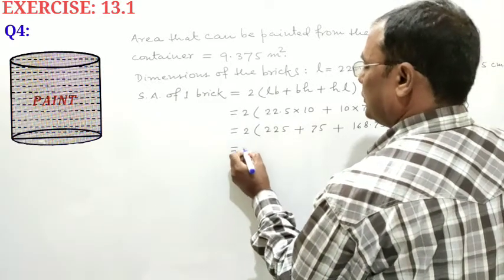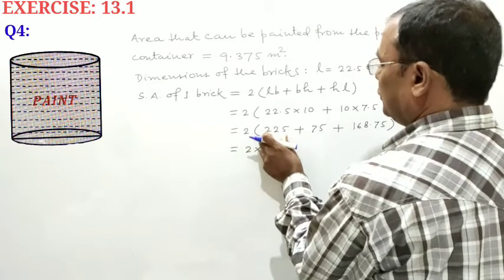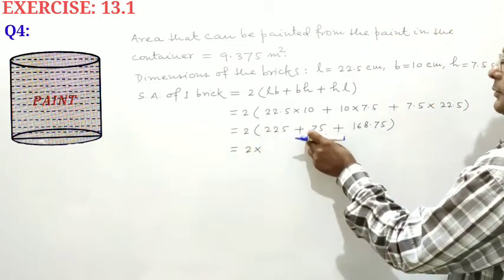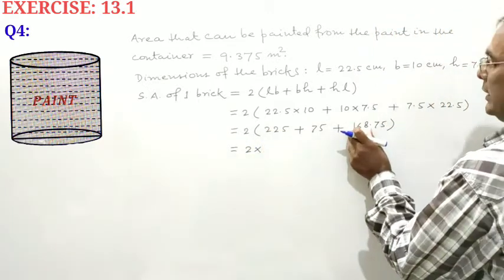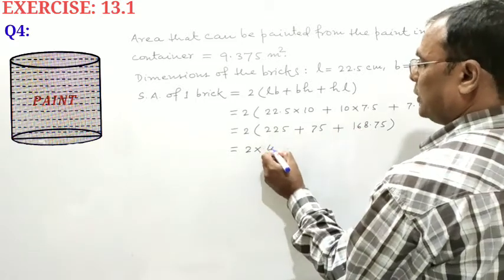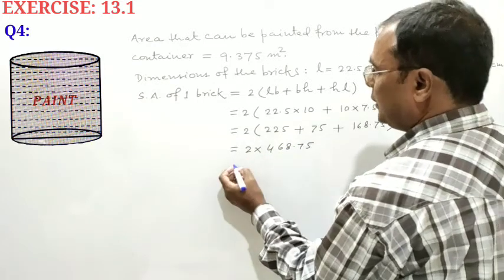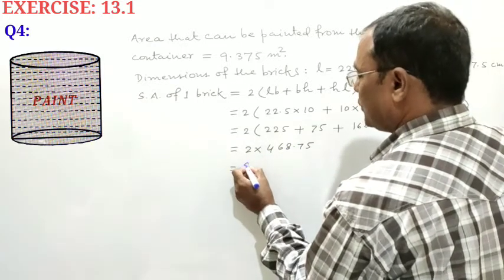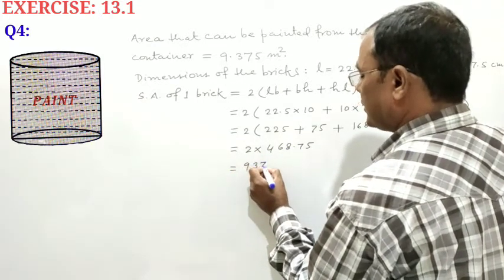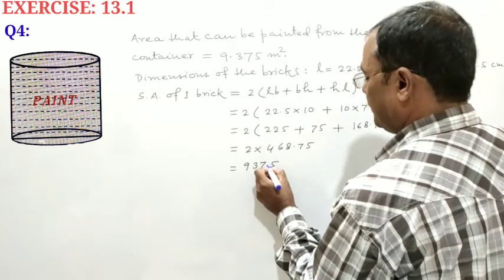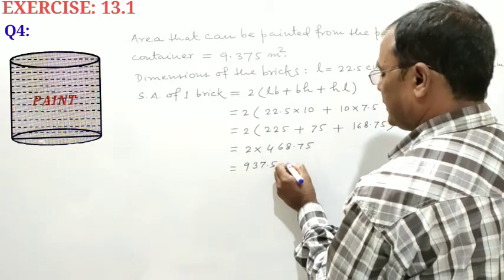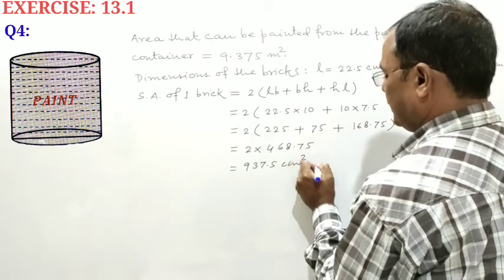This is equal to 2 into 225 plus 75, 300, plus 168.75, 468.75, into 2 is equal to 937.5 centimeter square.